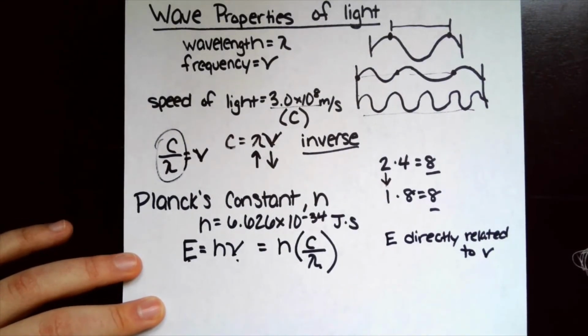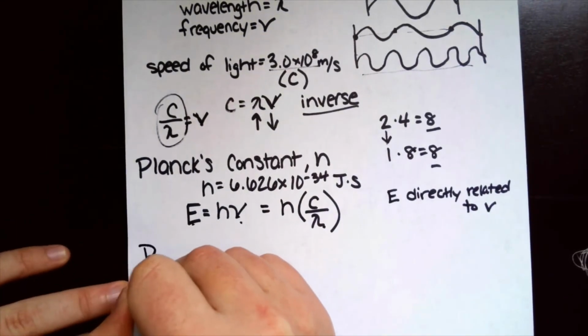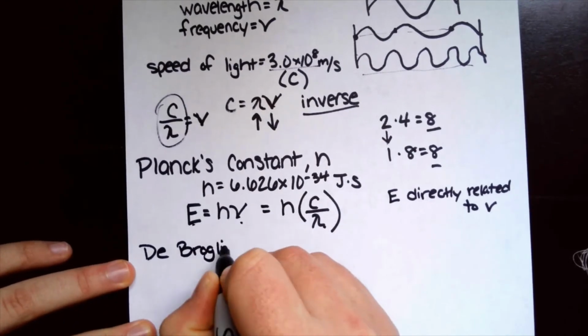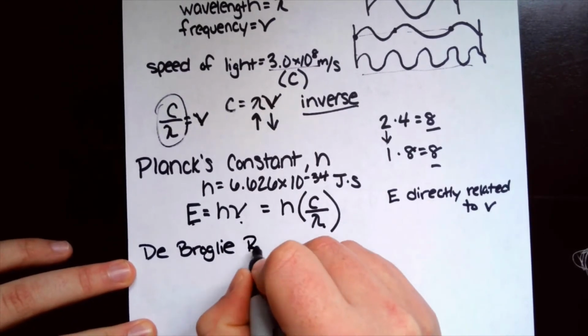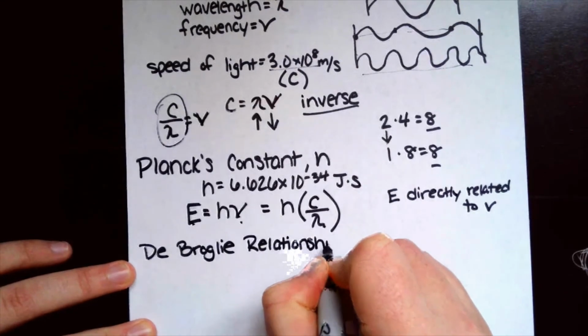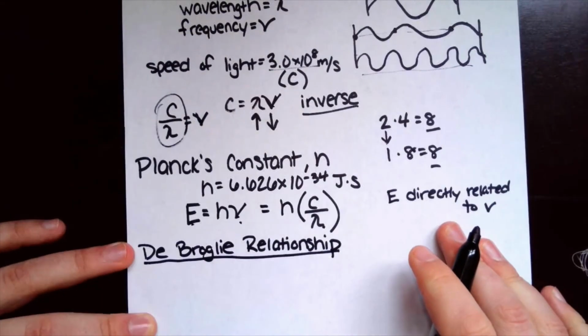Another very important relationship with Planck's constant is something called the de Broglie relationship. At the beginning of this video, I mentioned that there's wave-particle duality of nature. Well, the de Broglie relationship puts a mathematical equation behind that.